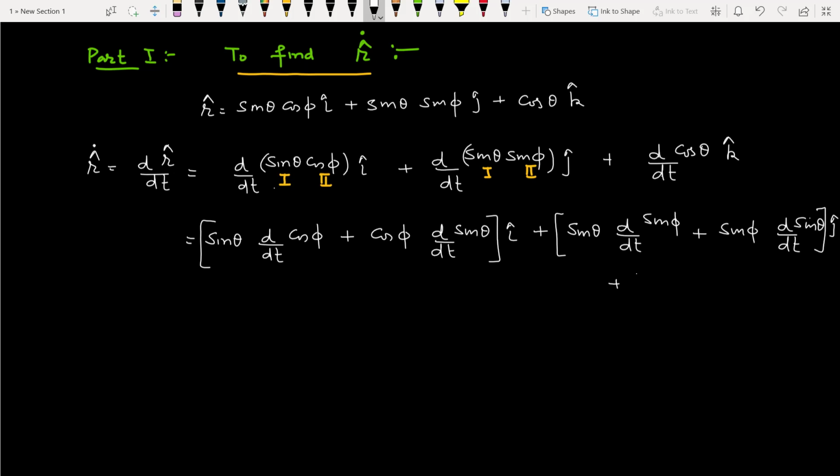And this is cos, derivative of cos is minus sin theta into d theta by dt. This is the derivative of angle.